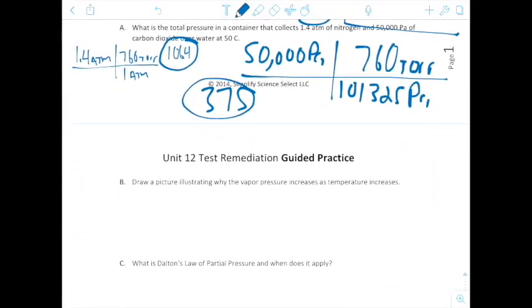Next question, draw a picture illustrating why the vapor pressure increases as the temperature increases. Vapor pressure is going to increase as temperature increases because we'll have water molecules at the very top of the water that create the vapor pressure, and as the bottom water molecules heat up, they start to vibrate more.